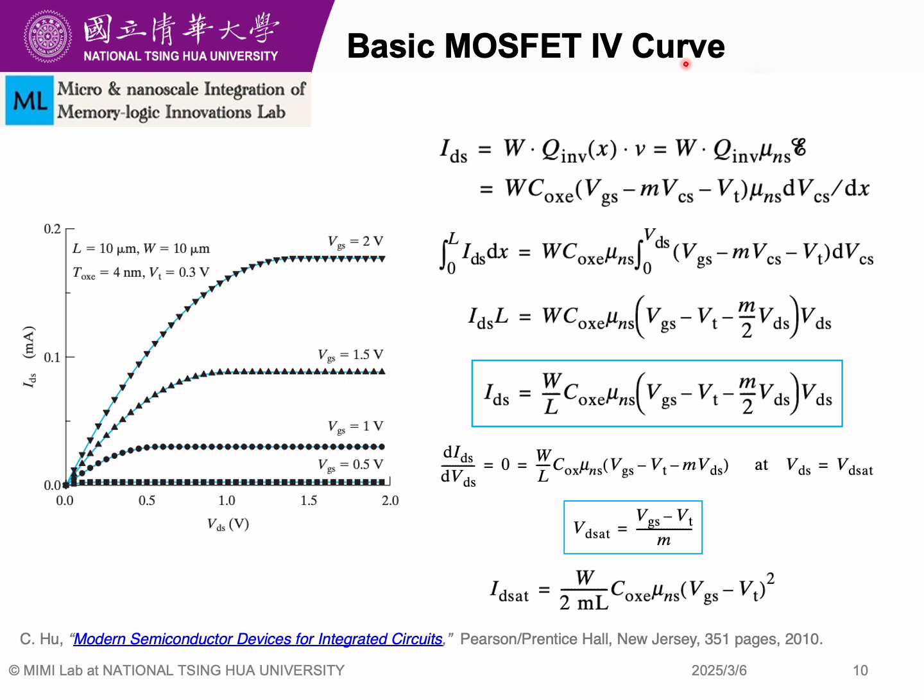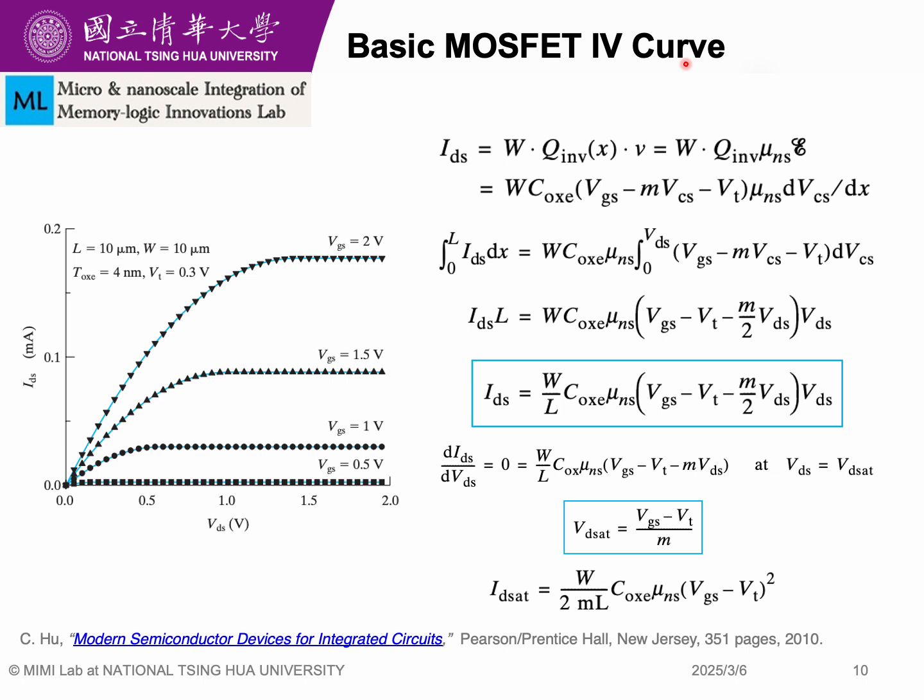This allows us to consider the channel as a series of infinitesimally small sections, each with a slightly different channel voltage. Now as VDS increases, the voltage across the oxide and the depletion layer capacitor decreases along the channel. This leads to a reduction in the inversion layer charge as we move from source to drain.